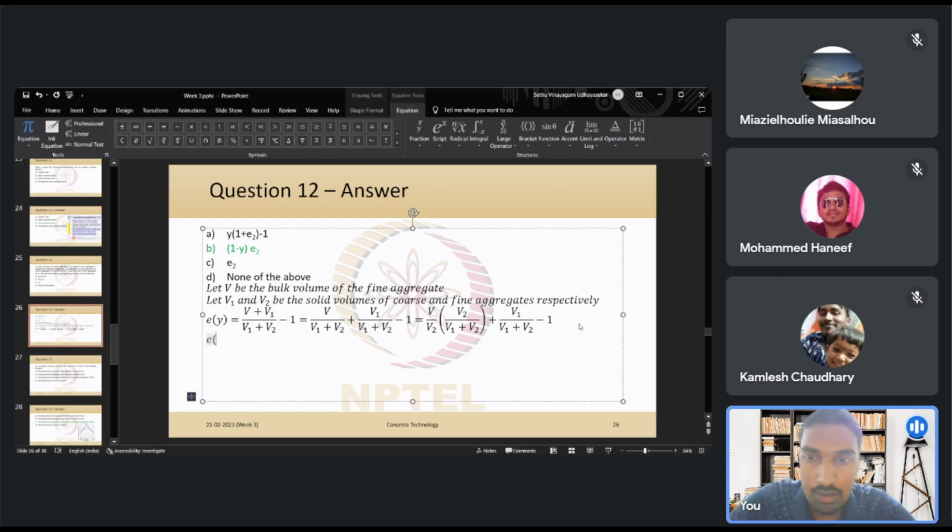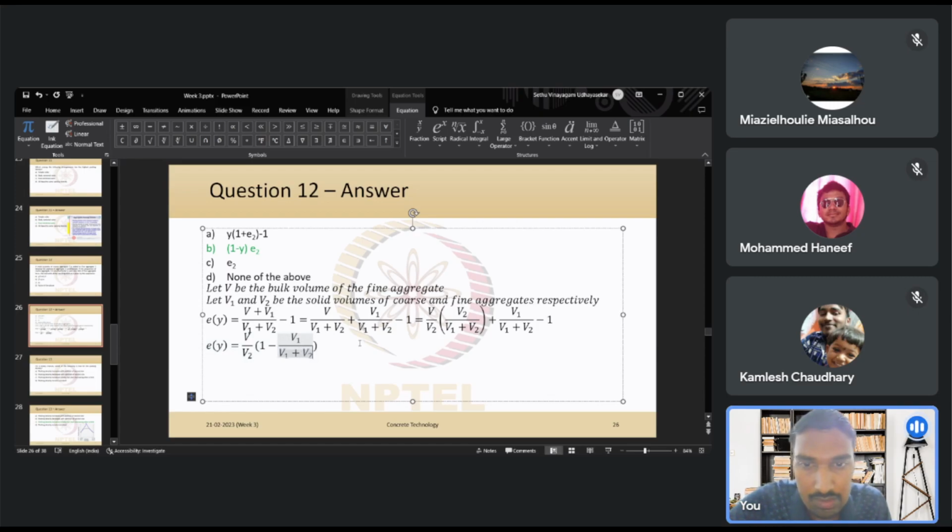Here we can further modify this first term. It is V by V2, so that part remains the same. V2 by V1 plus V2 can be written as 1 minus V1 by V1 plus V2.